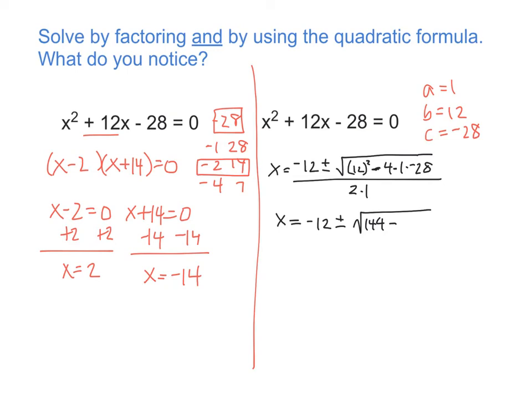Excuse me, that's 4 times 1 times negative 28. So we're going to get negative 112 over 2 times 1, which is 2.